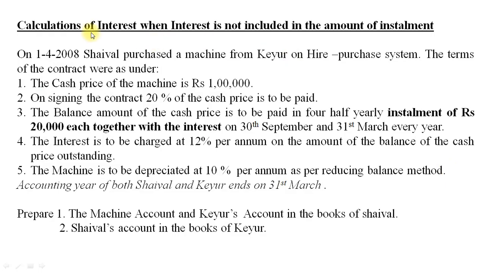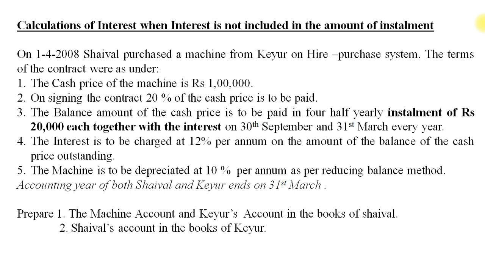This is the second method, that is calculation of interest when interest is not included in the amount of installment. So in this second method, in the amount of installment the interest will not be included. So we have to add the interest and get the final installment.